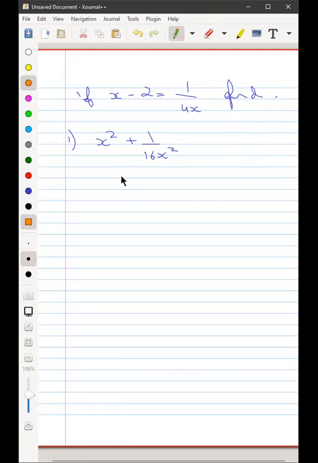Come on, the rest of you, hurry up. 2 more minutes. Ishan, go on to the second part of the question. Find x to the power 4 plus 1 upon 256 x to the power 4. That's the second part.